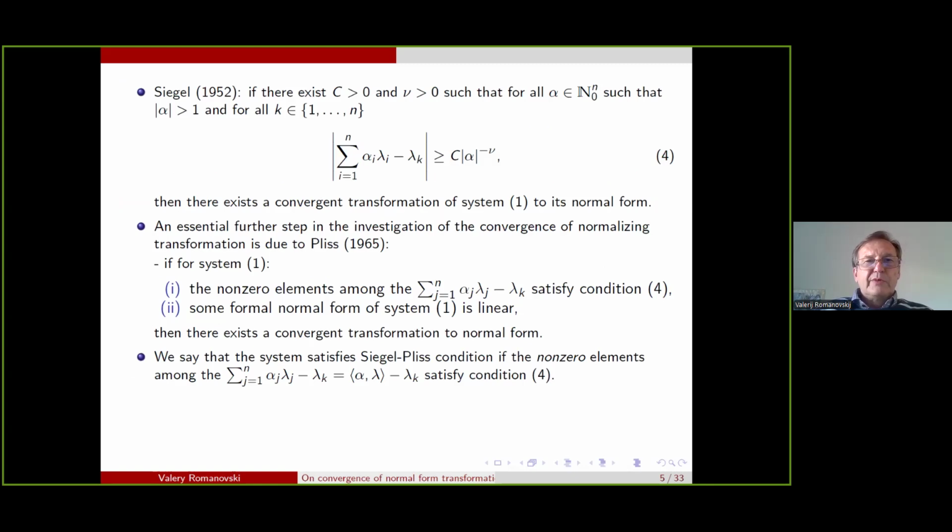Yeah, the other one maybe not, but we will see that we have a very simple criterion to check this condition.